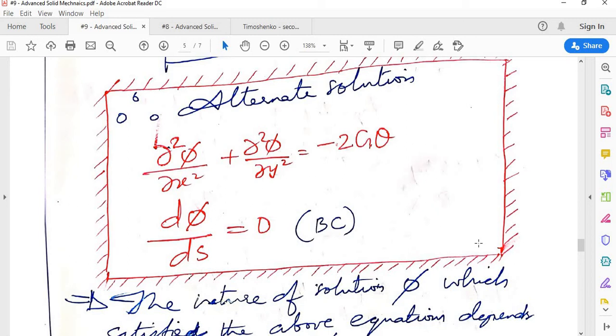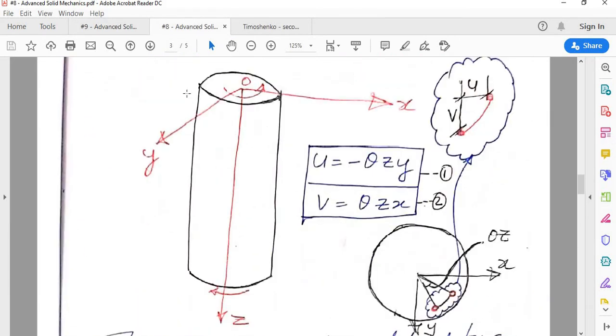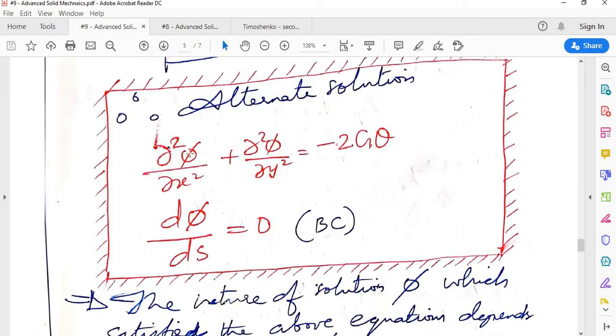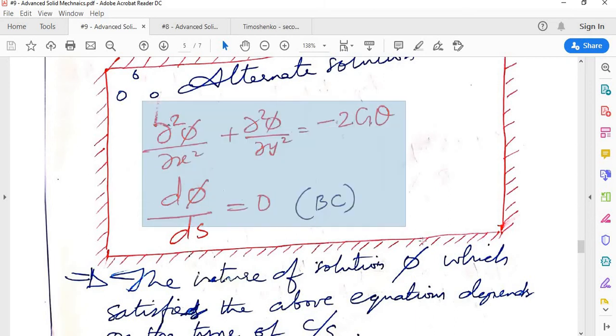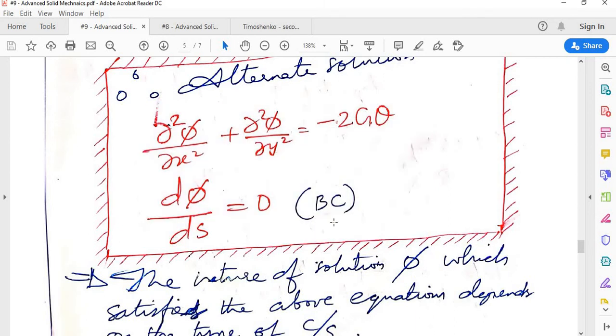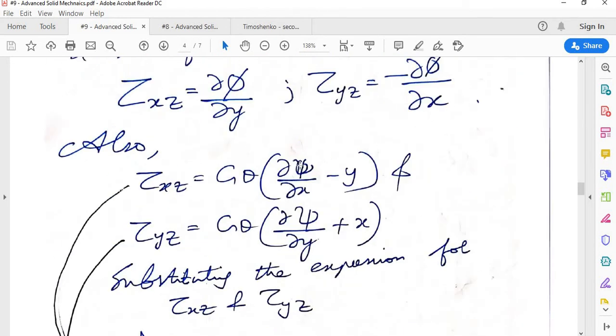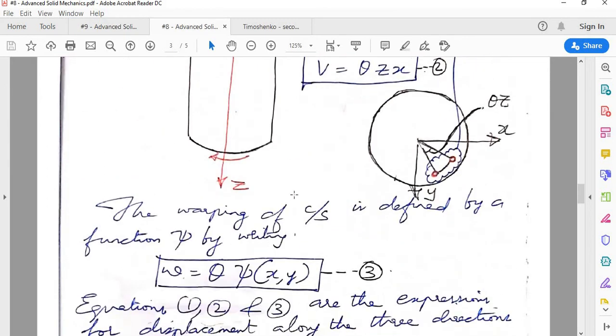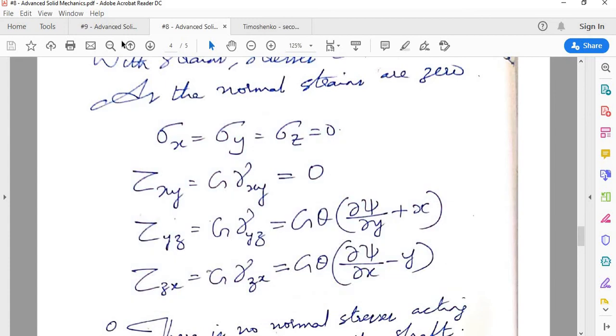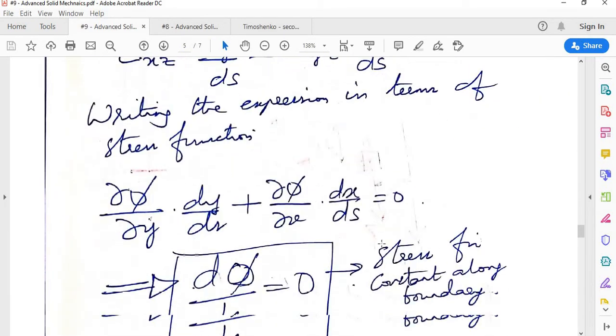Just like that, here depending upon the type of cross section, whether it is rectangular, triangular, elliptical and so on, the nature of phi will vary, but ultimately whichever cross section it is, phi should satisfy these equations which form the solution. Once you determine phi, you can determine tau xz and tau yz, which forms the complete solution that we discussed. So that is about it.